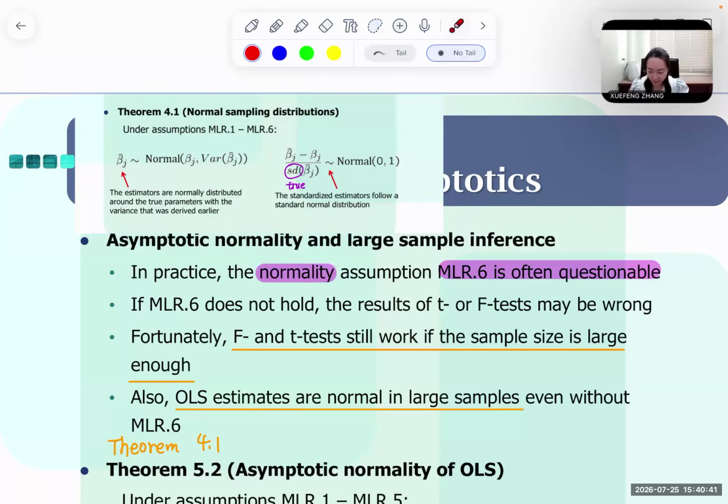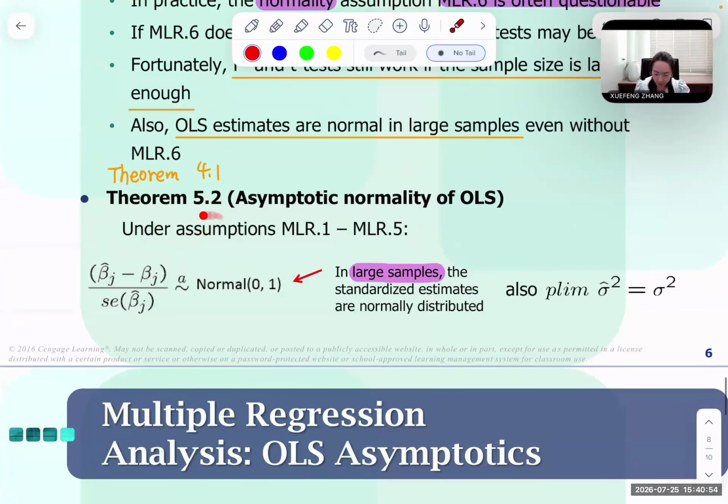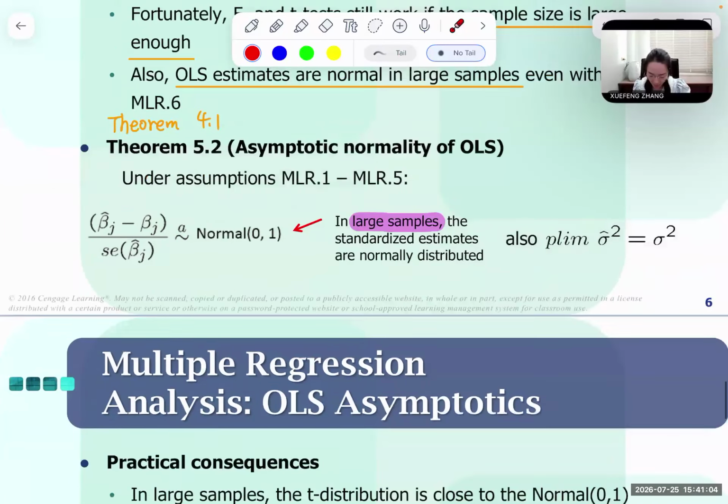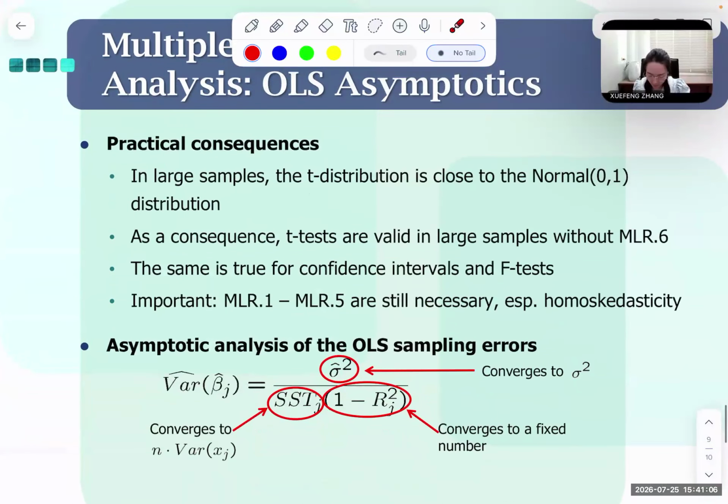So for theorem 4.1, it was exact, and it requires normality. But here, theorem 5.2, it's only approximate. You see the symbol here, which means approximate.